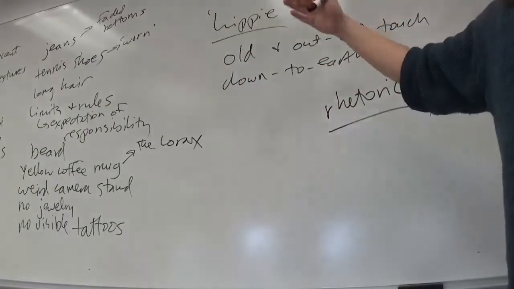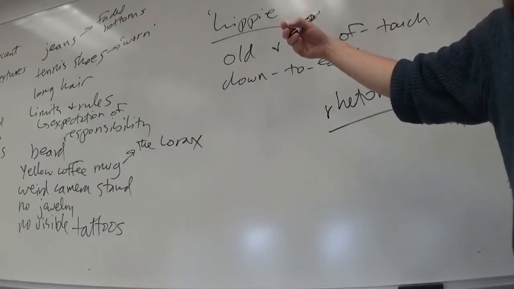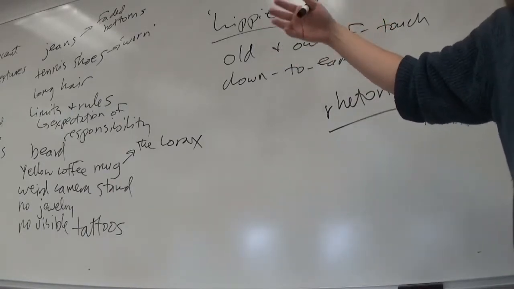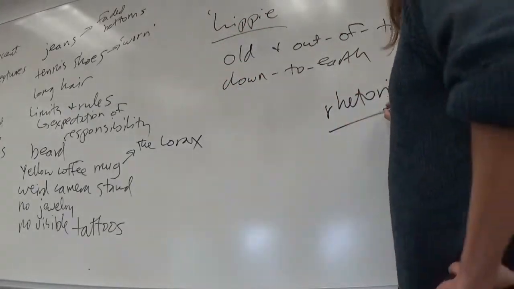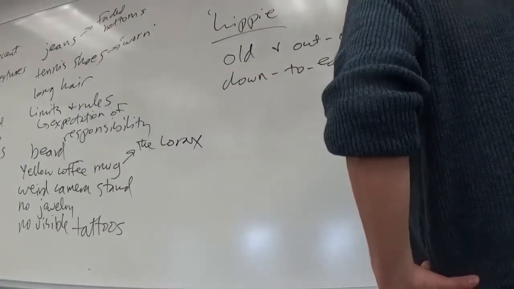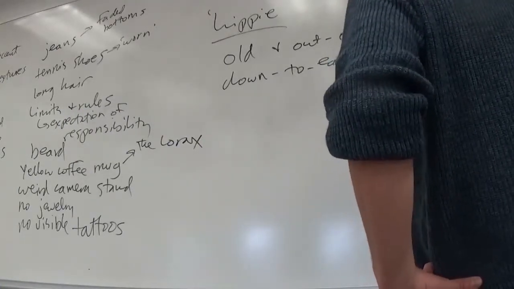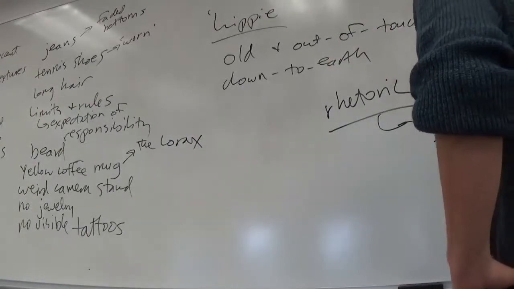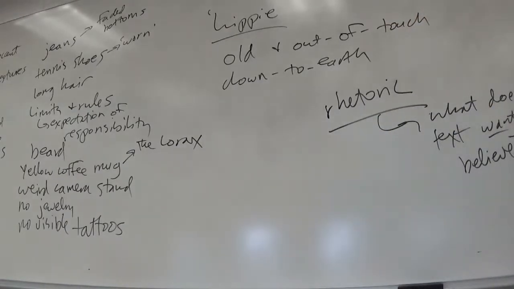So my rhetoric here, the thing I'm trying to persuade you of, is the confidence. But I'm also doing other things that undercut that rhetoric. So what I want you to be looking for first is what that rhetoric is. What does this text, object, person, whatever, want me to believe? What is it trying to get me to think?